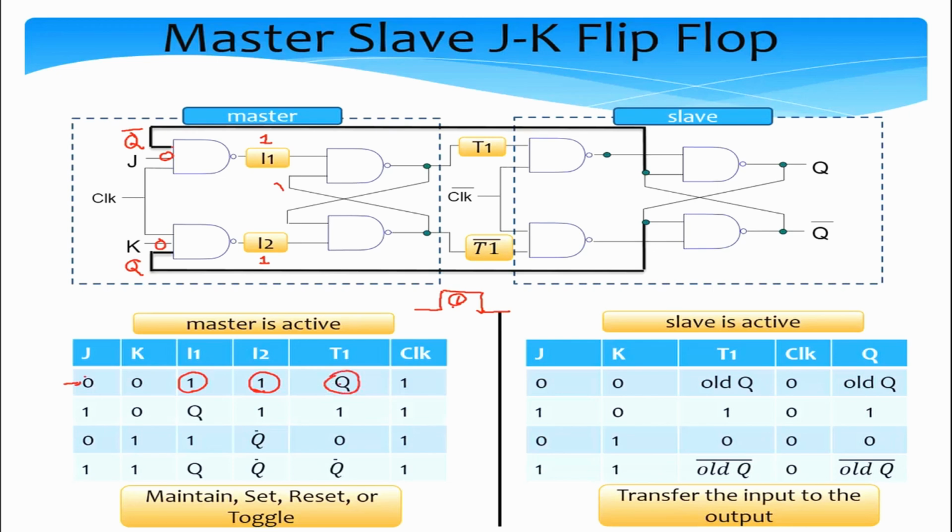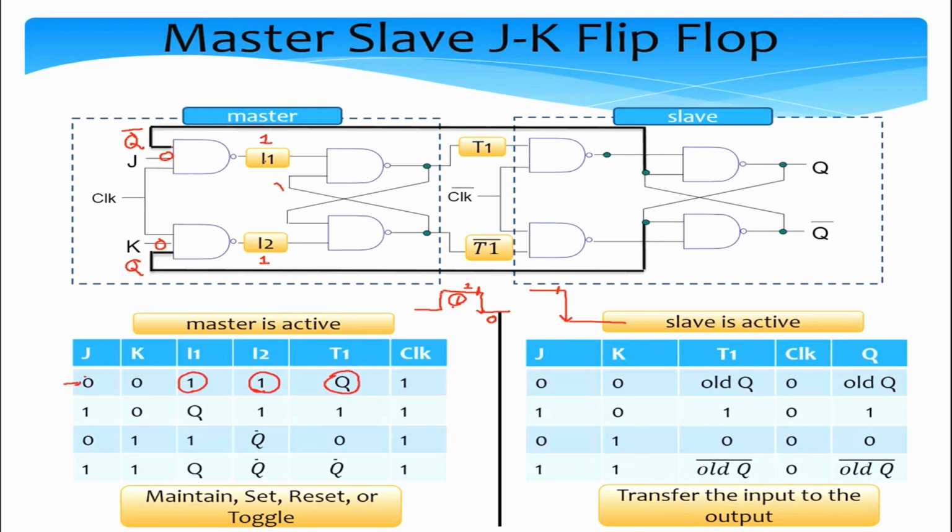Alright. So this is when the clock is equal to 1, just prior to the negative edge. Essentially we are considering this instant of time, so let me maybe draw a slightly bigger figure. We are considering this instant of time slightly before the negative edge. What we are saying is that if J and K, both of them are 0, then the value at this point, which we call T1, will be the same as Q. Why do we say that?